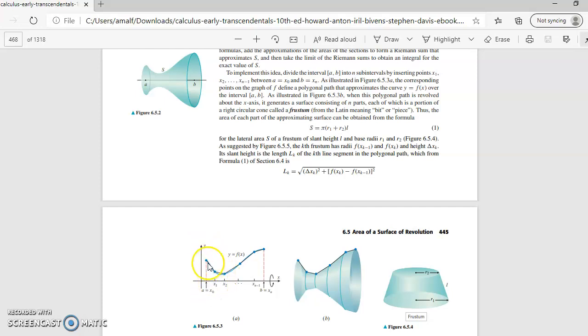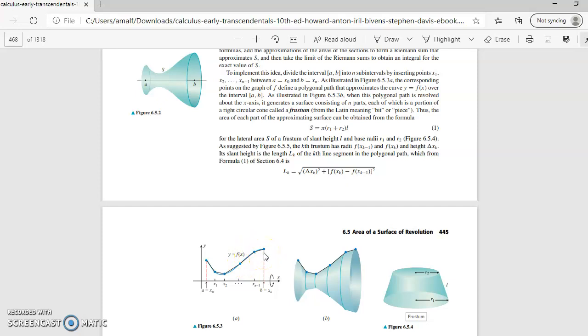Here we have taken the points f of x0 corresponding to x0. Just as we did when finding the length of a curve, construct polygonal paths. Join f of x0 and f of x1, then f of x1 and f of x2, then f of x2 and f of x3, and so on up to f of xn minus 1 and f of xn.